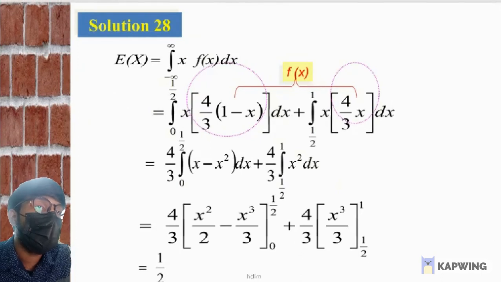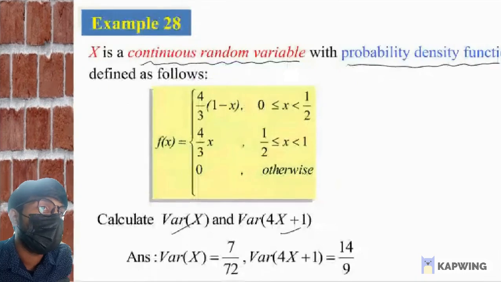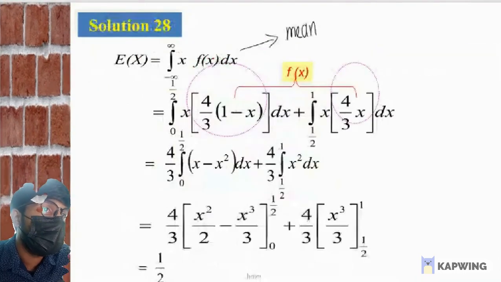As I told you just now, we will use the same formula, which is mean equals the integral from negative infinity to infinity of x times the function dx. After we refer to the piecewise function, we can know the range, which we use as the limits. We will use the limits 0 to 1 over 2 and 1 over 2 to 1.